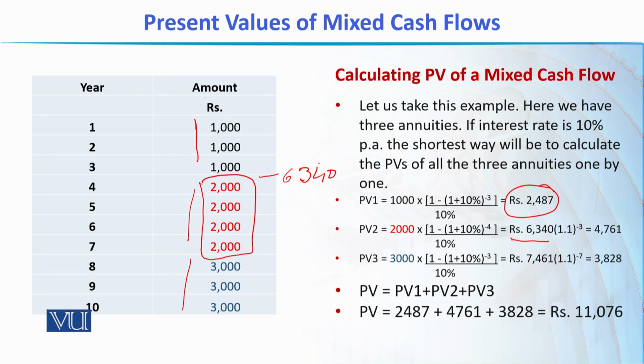यानी इस वैल्यू को 0 पॉइंट और एट द बिगिनिंग ऑफ द फर्स्ट ईयर पे लाने के लिए हमें इसे मज़ीद डिस्काउंट करना होगा फॉर अ पीरियड ऑफ 3 years. इसी तरह जब हम आखिरी एनिटी को देखते हैं तो ये एनिटी भी 8th, 9th और 10th ईयर के ऊपर मौजूद है. जब हम इसकी प्रेजेंट वैल्यू निकालेंगे तो ये वैल्यू 7461 is at the beginning of 8th year, or we may say that at the end of 7th year.